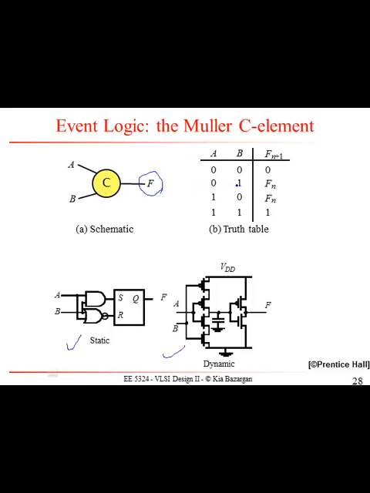When one of them changes to 1, it's going to maintain its existing state, and when both of them become 1, then it changes the state to 1. If both are at 1 and only one of them changes back to 0, then F is going to remain at 1 until both of them are 0, and then it changes the state to 0.